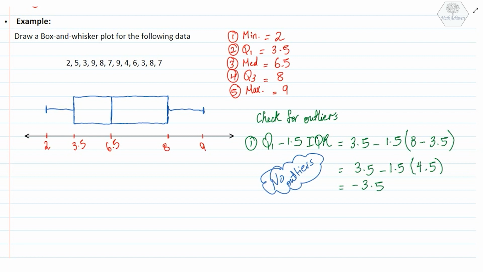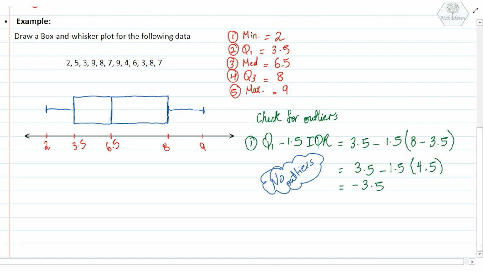Let's check for the other end. For the other end, we have the Q3 plus 1.5 IQR. So this is equal to Q3, which is 8, plus 1.5 times 4.5.